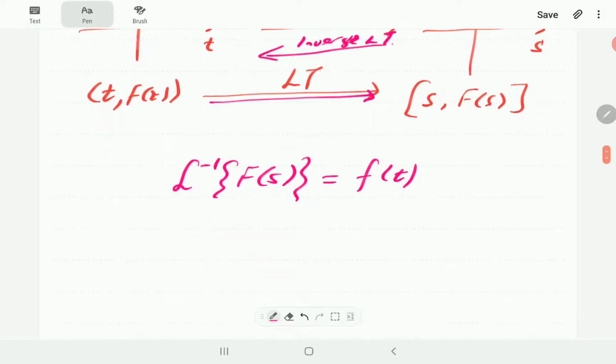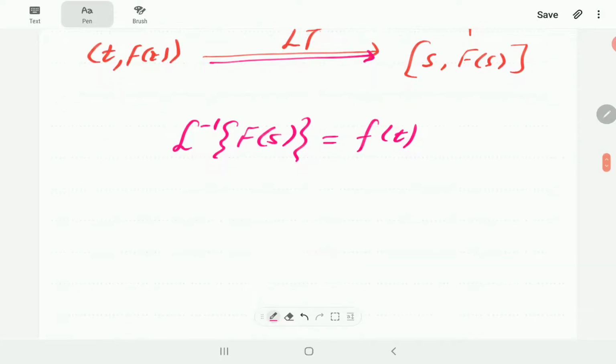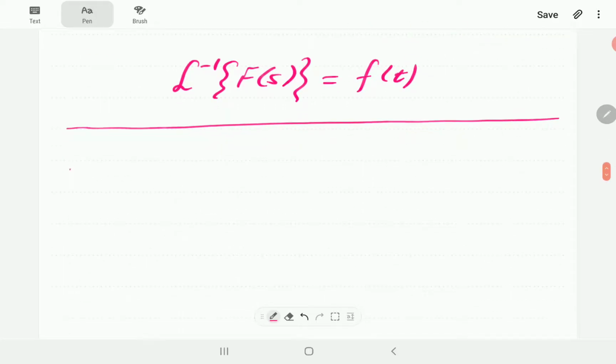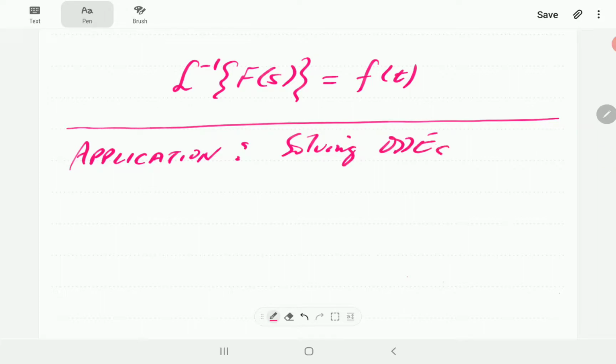All right, now one main application of the Laplace transform that we are going to look at in this series of videos is in solving ODEs. We're going to look at how to use the Laplace transform to solve ODEs.